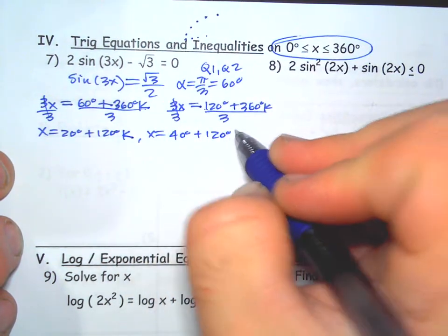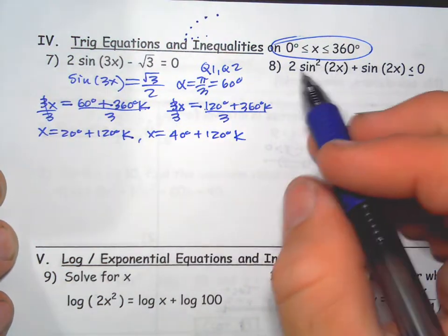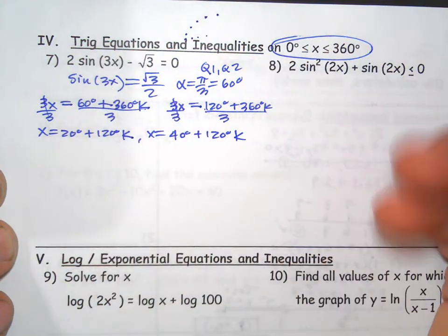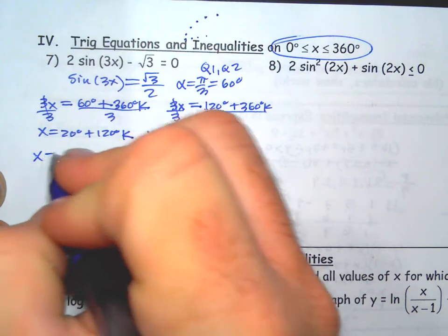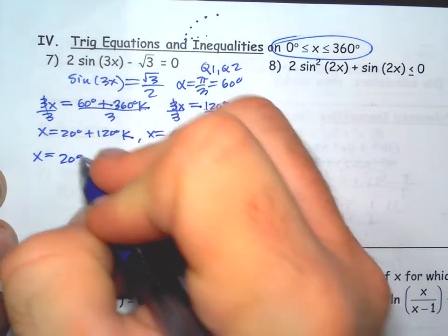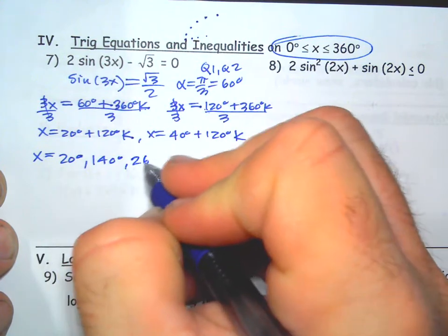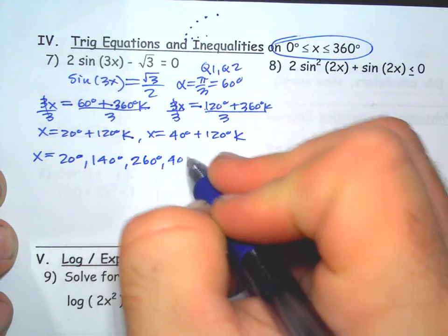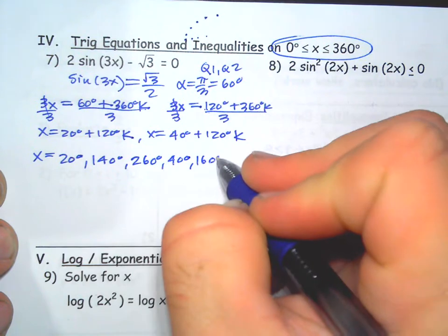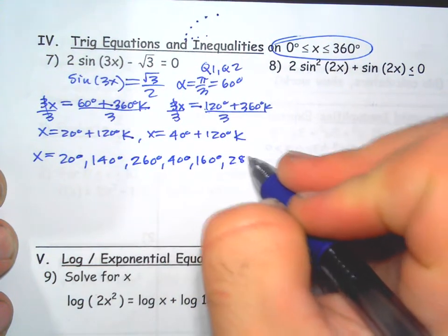We should get 3 times as many answers as we usually get because of that 3, so we should get 6 answers. It's good to just know. 20, 140, 260, 40, 160, 280.